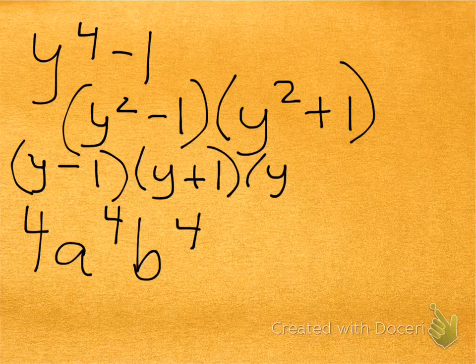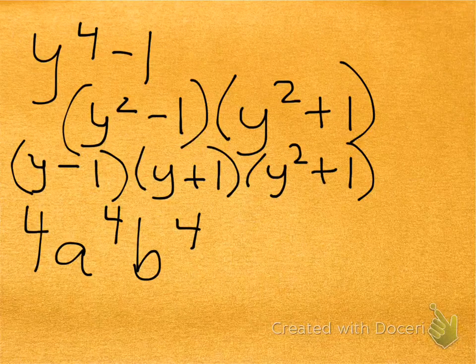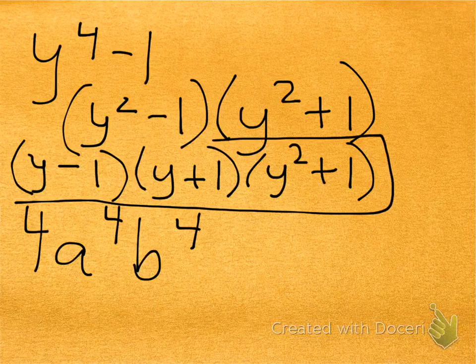And then the y squared plus 1 parentheses has to stay like it is, because we have a plus 1, like I said in the beginning of the lesson, and plus 1 will not give you something that cancels itself out like the first two parentheses. So this is as much as we can factor it.